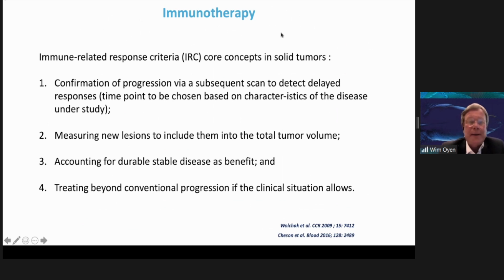So: confirmation of progression via a subsequent scan to detect delayed responses, measuring new lesions to include them in the total tumor volume, accounting for durable stable disease as a benefit, and treating beyond conventional progression if the clinical situation allows. And the previous speaker already showed very impressive data on what treatment beyond conventional progression actually means.